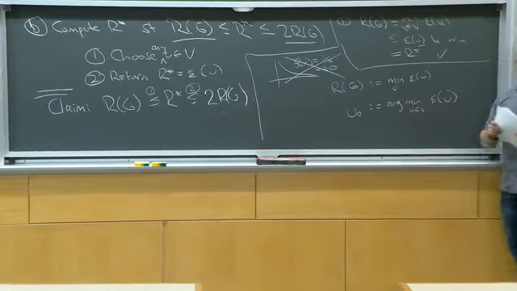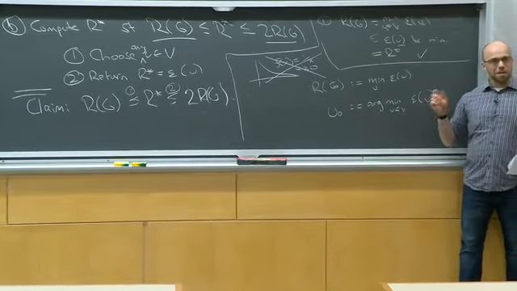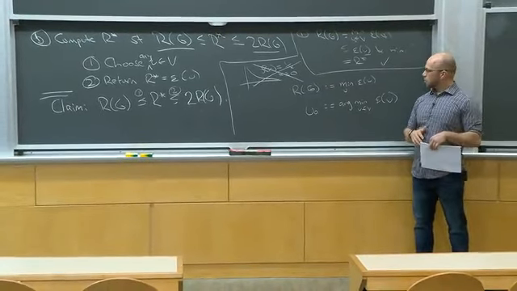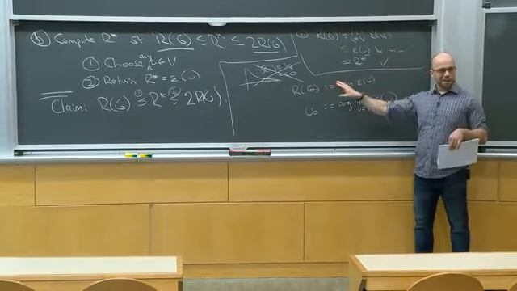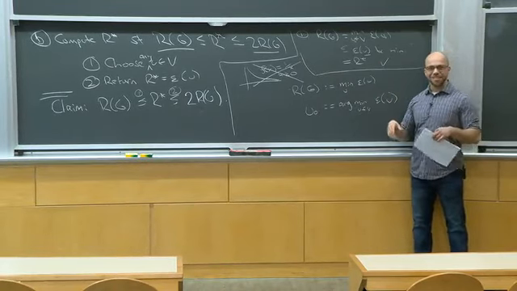This is just fancy notation for saying, give me the actual vertex that makes this value as small as possible. The nice thing about this problem is that we're not worried yet about algorithmic runtime, so I can construct this kind of thing and not worry about how I actually found it.